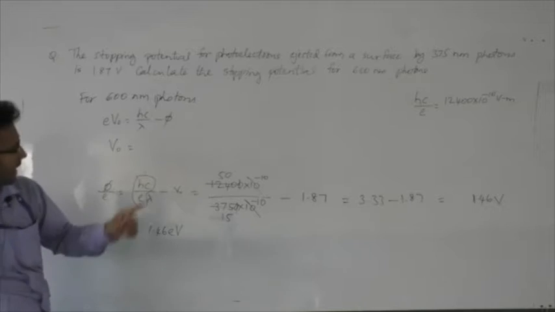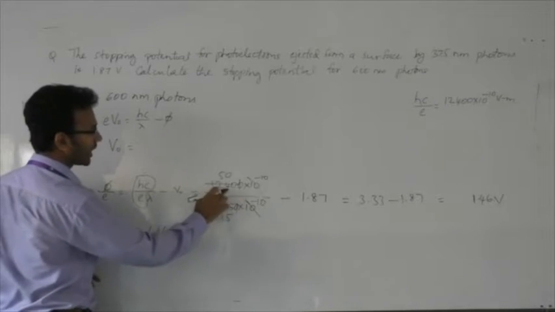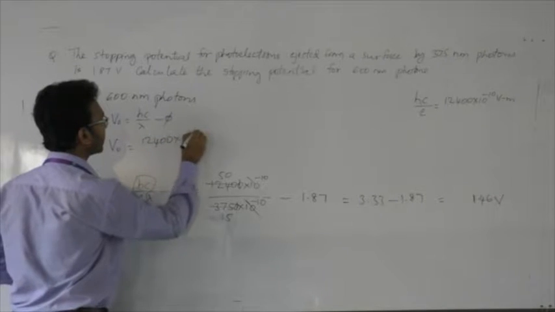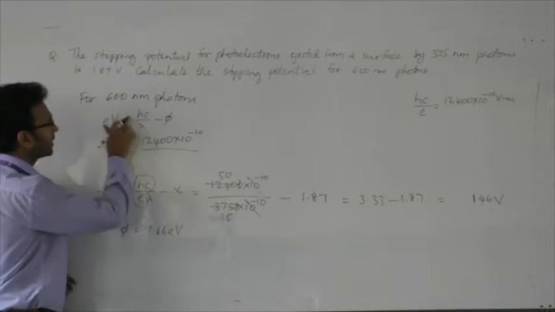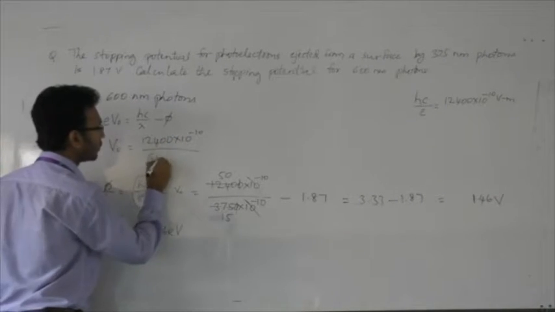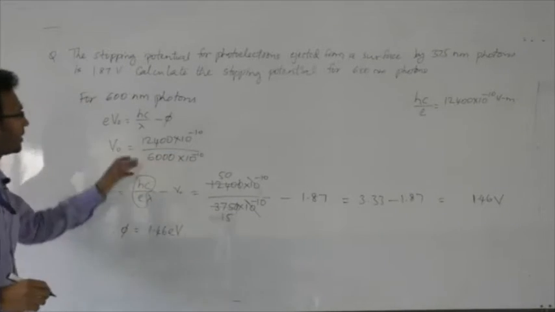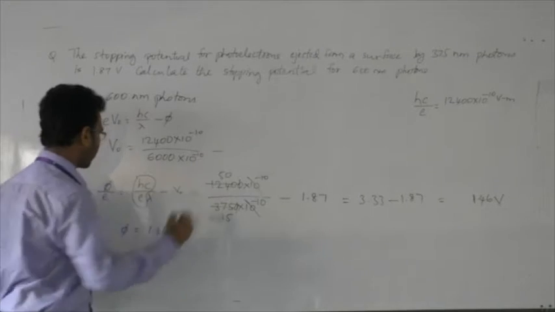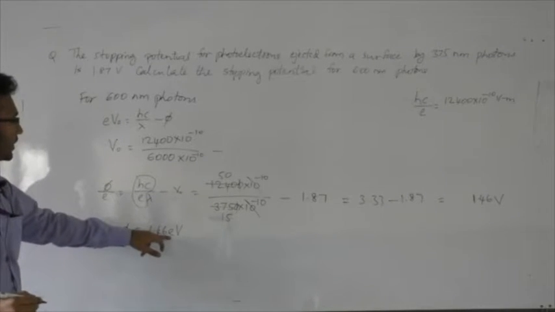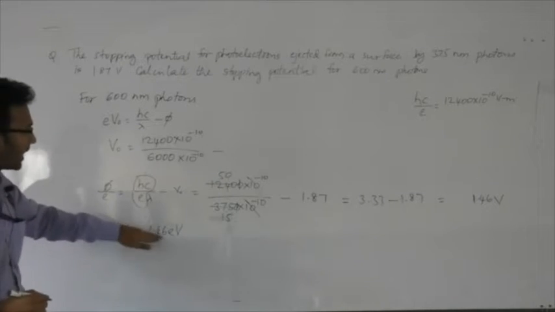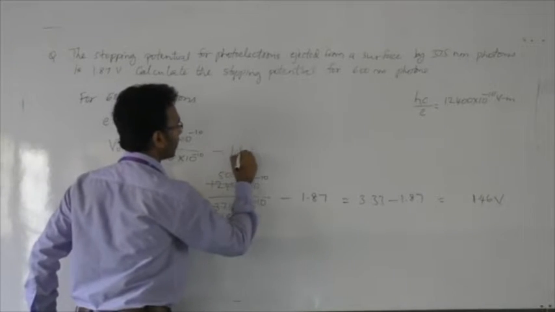V naught is hc by E, so that value will be 12,400 into 10 power minus 10 divided by lambda, which is 600 nanometers, so it is 6,000 into 10 power minus 10, right? Then minus phi, which is 1.46 electron volts.